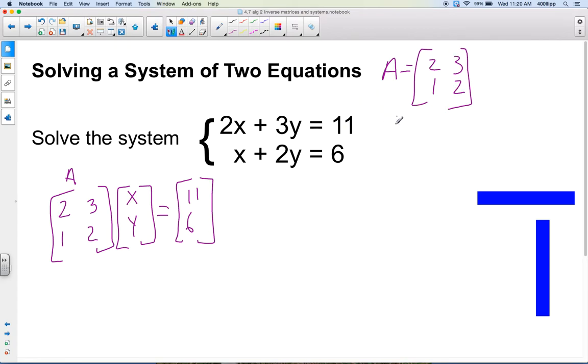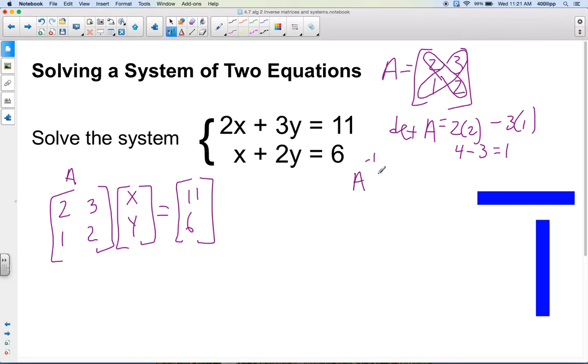So the determinant of A, we know we're going to go A times D, so 2 times 2, minus B times C, 3 times 1. So I have 4 minus 3 is 1. Moving on here, I'm going to take my A inverse.